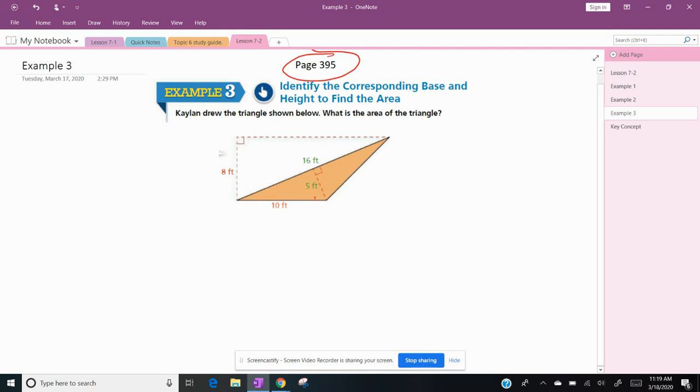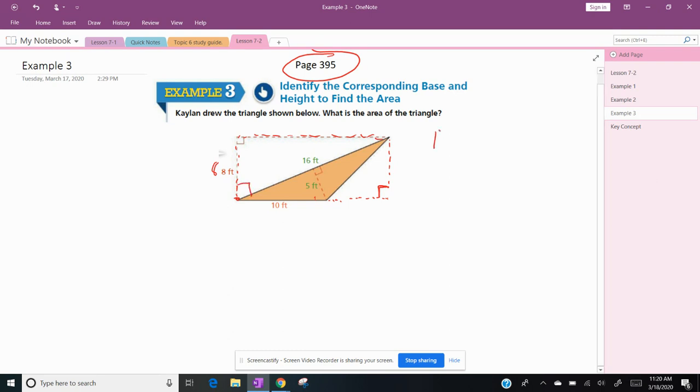So the height of this is going to be over here. I would have continued the base going out and then measured up there to find that 90-degree angle right there, but they actually did it the other way. They went over here and then up and then over to the top of it, and they said the height is 8. So the base and the height have to form that 90-degree angle.